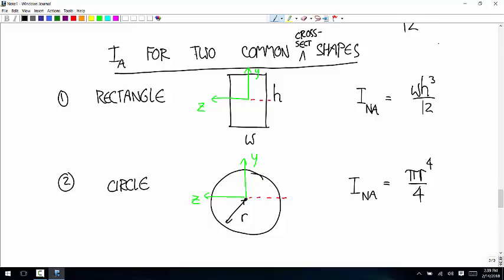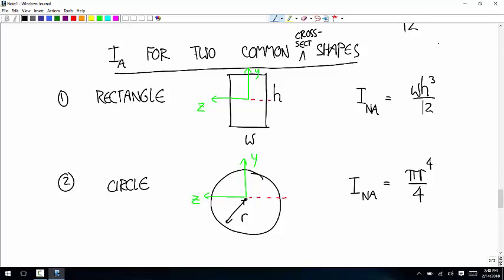But there's a sum formula. It wouldn't be super helpful if the only things that we could calculate the area moment of inertia for were rectangles and circles. But these end up being really useful because there's a sum formula that says if we have a complicated shape that's all made out of rectangles and circles, or you can approximate it with these, there's a way to combine them into a total area moment of inertia.